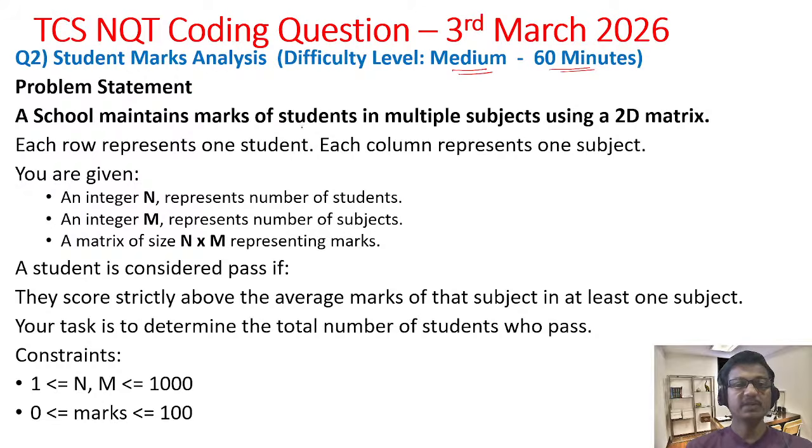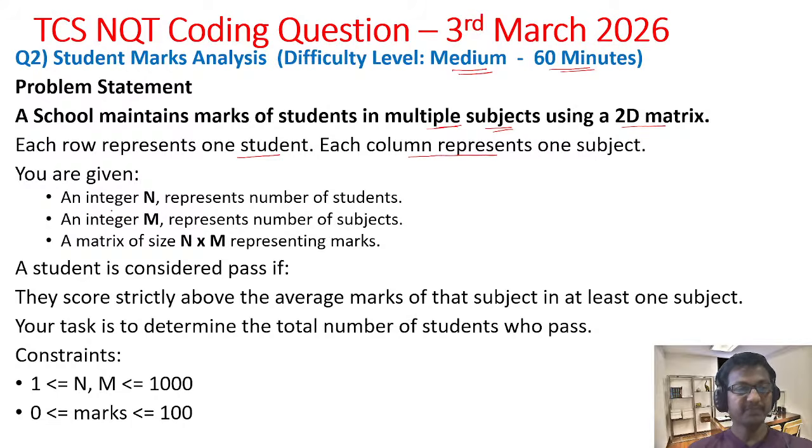A school maintains marks of students in multiple subjects in a two-dimensional matrix. So students' marks will be maintained in the form of a two-dimensional matrix. Each row represents one student, each column represents one subject.